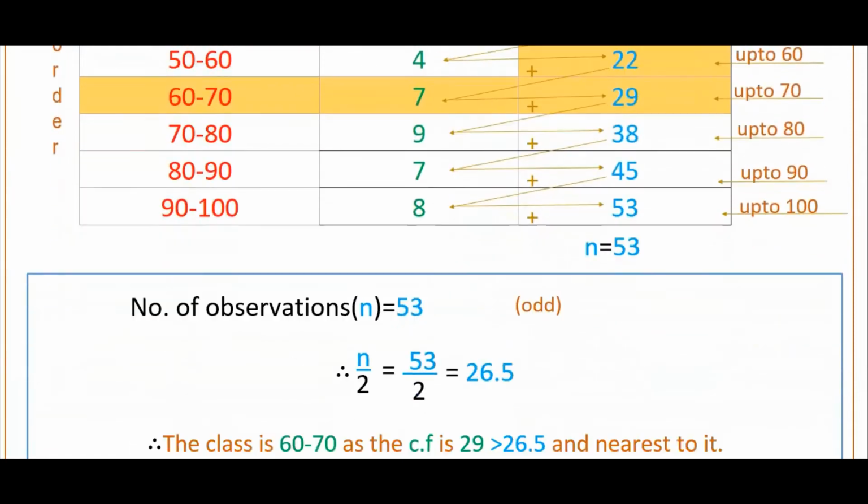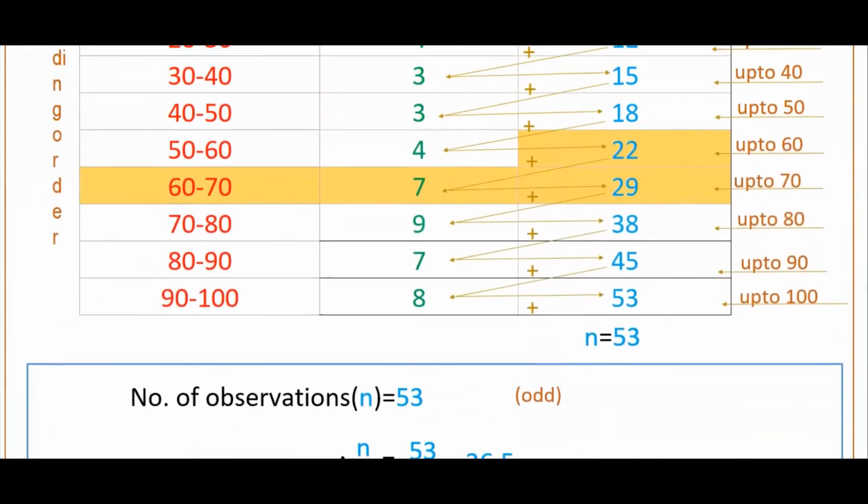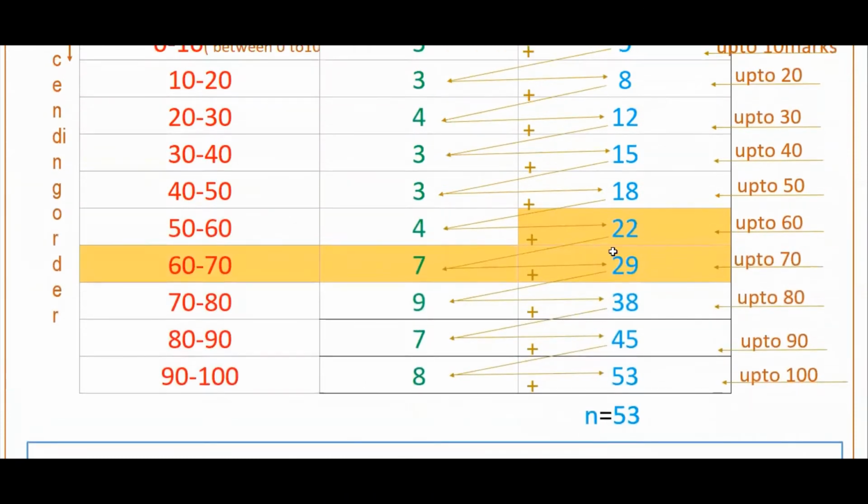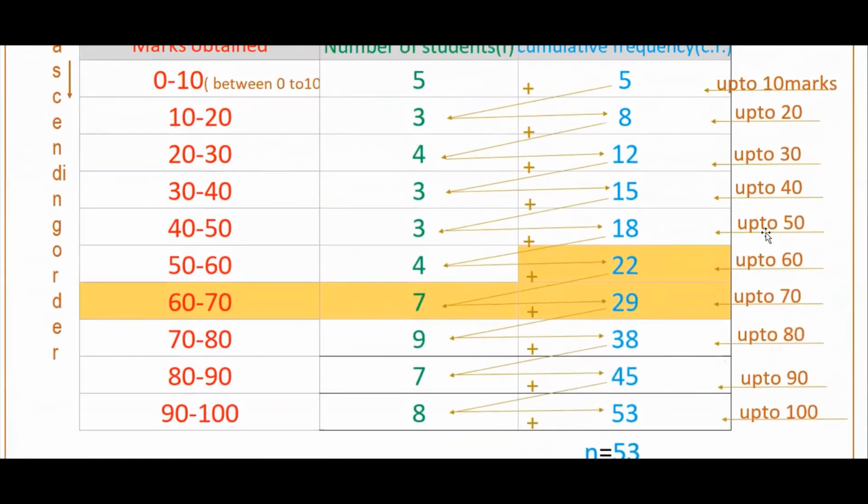And once you find the n value, that is the number of observations, here 53 is an odd number. So n by 2, the observation you have to find. That is n by 2 is equal to 53 by 2, that is 26.5. And here 26.5, you can see from the table, is not there. The 26.5th observation is not there. 22 is there and 29 is there.